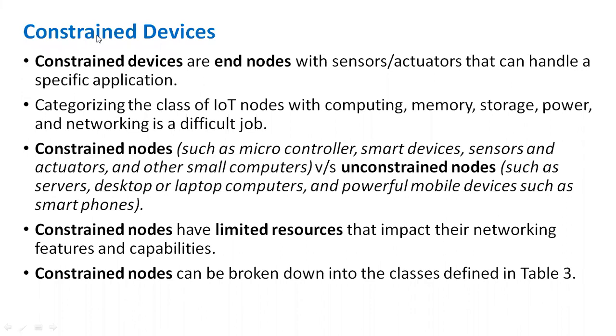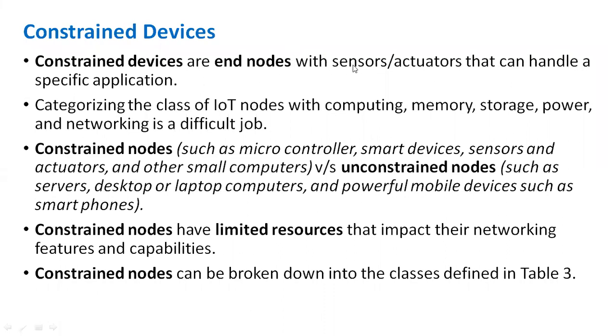And if you want to know the actual meaning of constrained devices, they are nothing but end nodes. You know, in star topology you had one central base station to which all endpoints were connected, right? So here the constrained devices are nothing but these end nodes which are embedded with sensors and actuators.